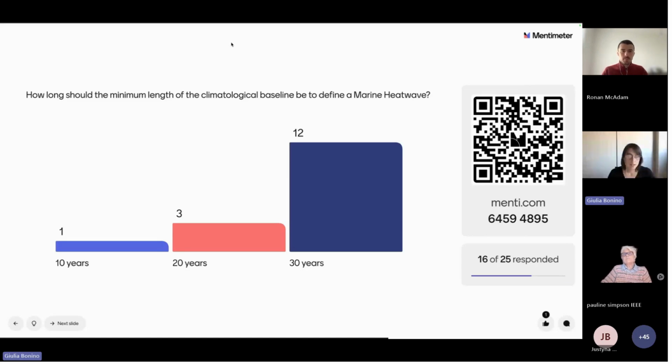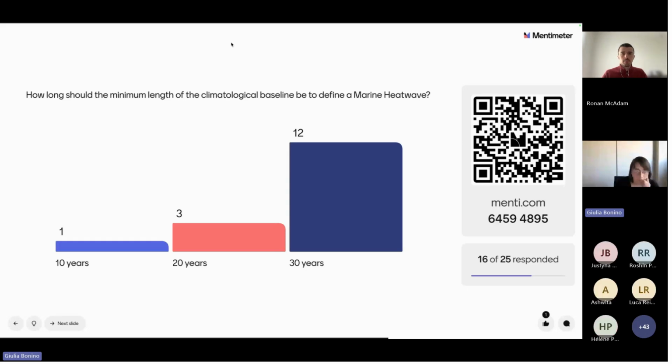Of course, if we have some observations, maybe we have to rely on a shorter climatology, but still the majority of studies have to consider at least 30 years.